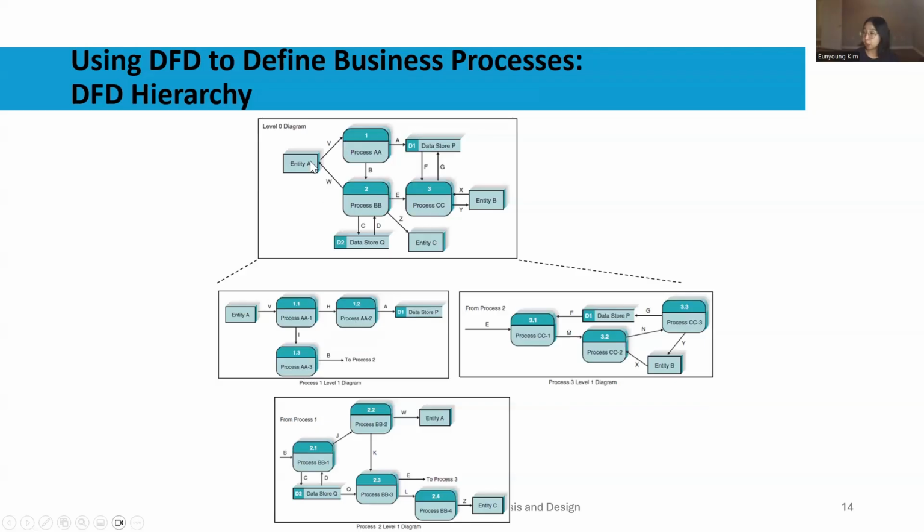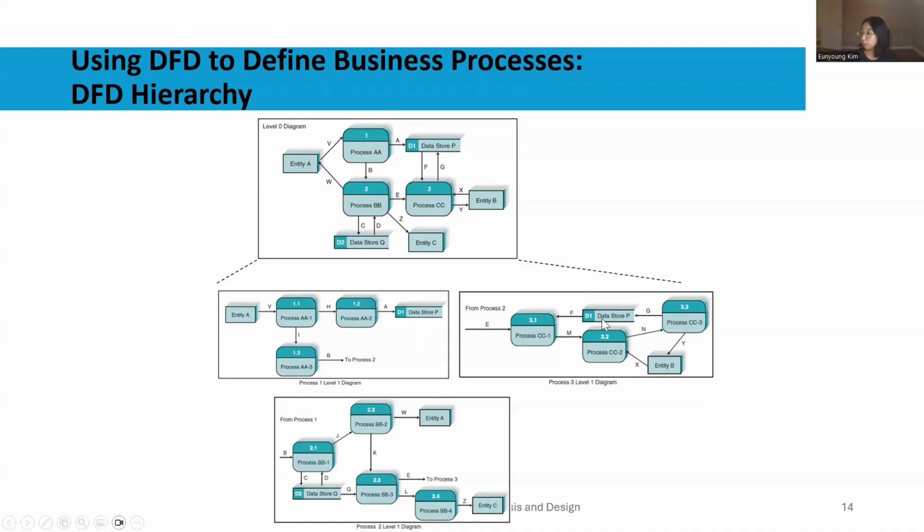But this part, the process AA, the data flow V should appear in our level 1 diagram, and the output of data flow A should go to data store P, and it is exactly reflected in our level 1 diagram, right? So this is the balancing. What the level 0 diagram shows should exactly appear in our child diagram.